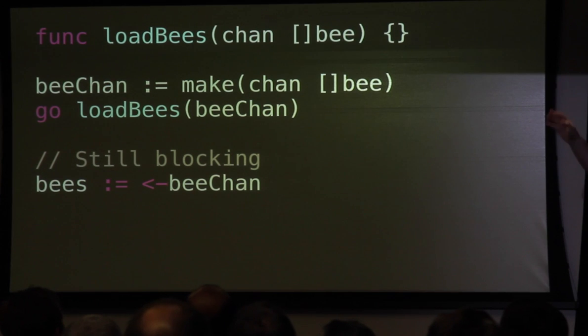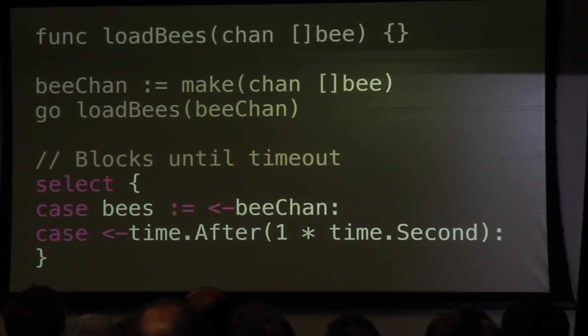So we have a Go routine that's running, loading all our bees from bees.com, and we can then use a select case. So we can put this in a select where we try and read off the channel, but then after a certain point we have the time.After method, which will fire and gives us another channel.